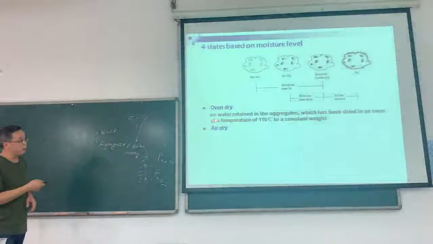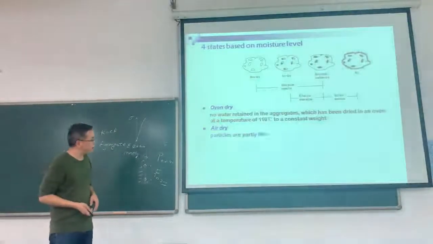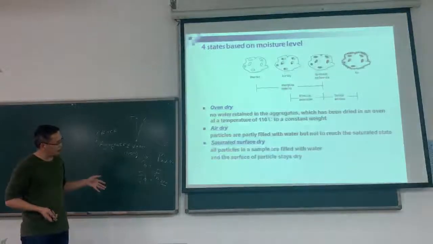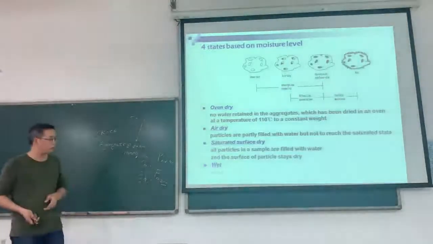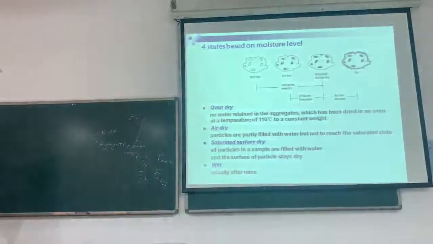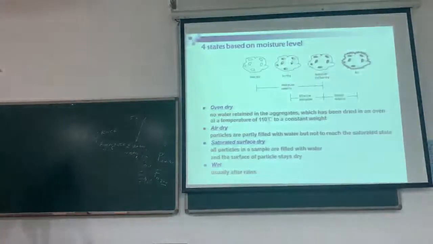So we have oven dry, air dry, and saturated surface dry, and the last one is the wet. So this is the state based on the moisture.